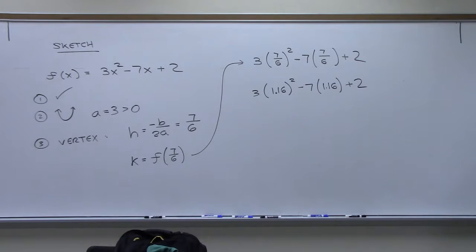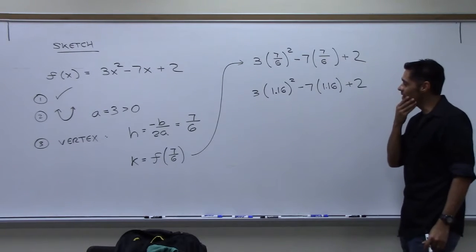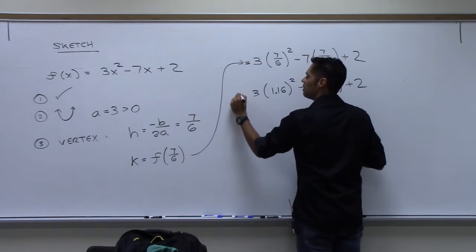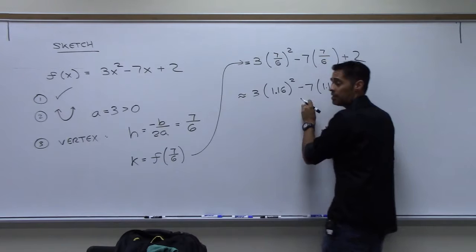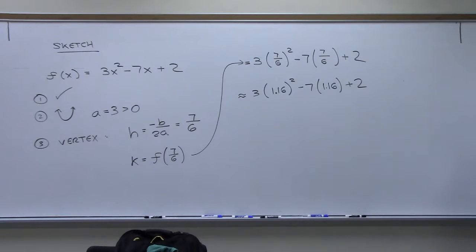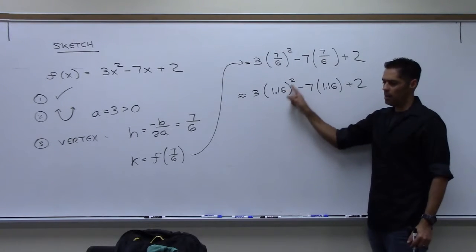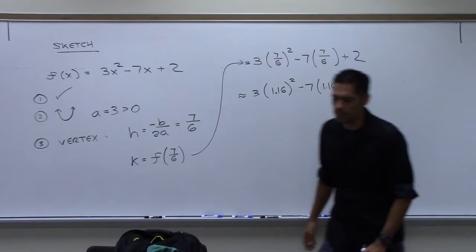Did you figure it out? All right, so at this point I'm saying that this was equal to this. Now this is approximately this, because I've approximated with the decimal. And that is just an order of operations problem. Square this first, and then multiply it times 3.